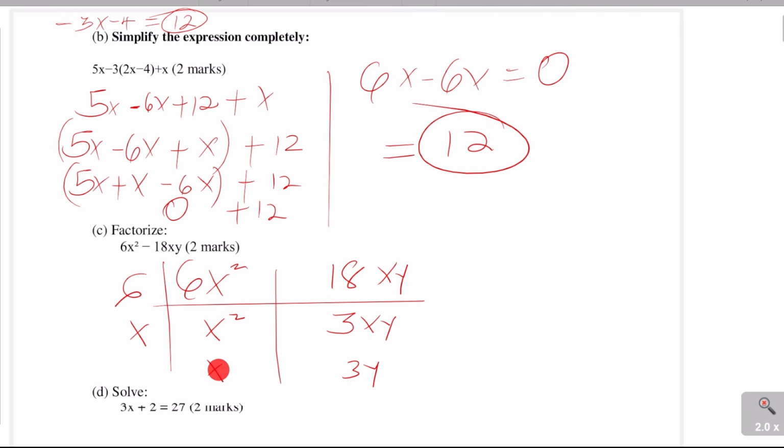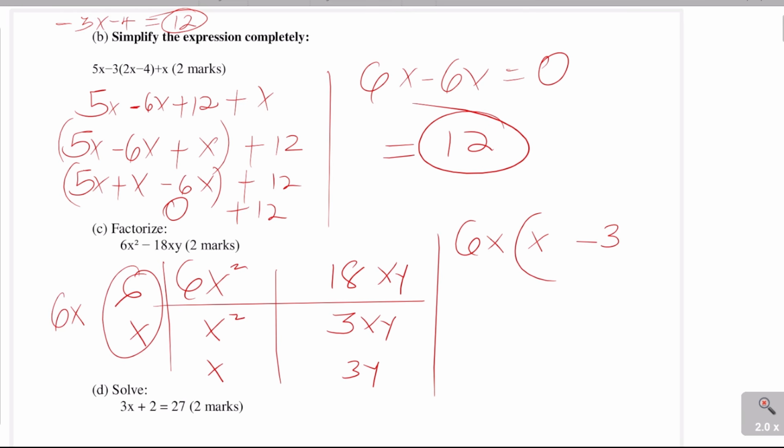Now when you look at x and 3y, there's nothing common. So you started by dividing 6x squared and 18xy by 6, then you divided again by x. What is common between these two is 6 times x, which is 6x. So when 6x is out, you remain with 3y.